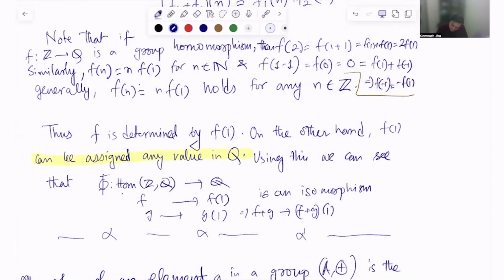So phi of f equal to f of 1. So this one says that phi is surjective.